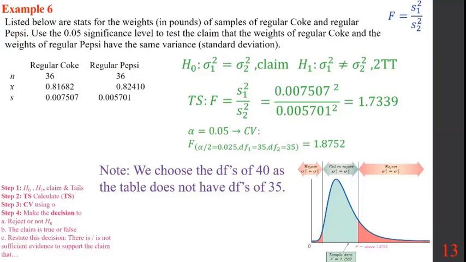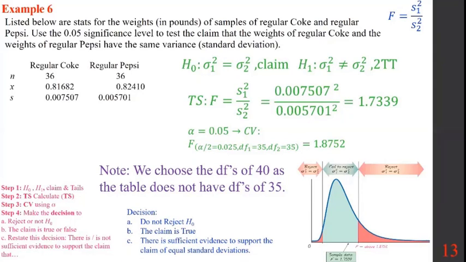So do not reject H0. The claim is true. There is sufficient evidence to support the claim of equal standard deviations, or there is sufficient evidence to support the claim that the weights of regular Coke and the weights of regular Pepsi have the same variance.